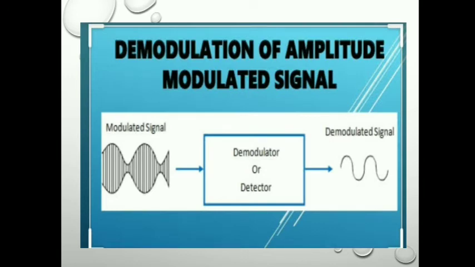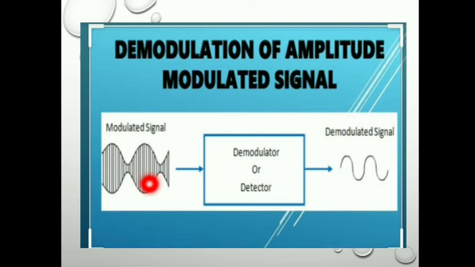Next, demodulation of amplitude modulated signal. So in the previous case we discussed the signals are transmitted to the transmitter, and in that some modulation takes place, previously amplitude modulation. So here we come to this one, the modulated signal.